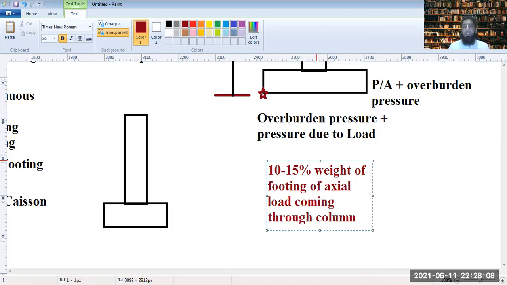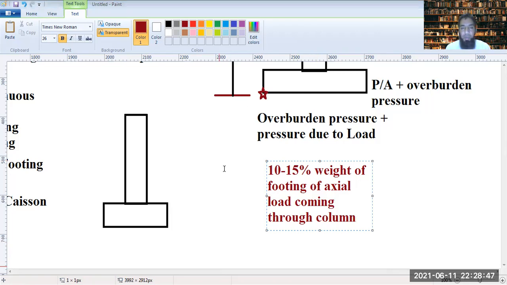So if the load P that's coming through the column onto the footing is around say 2000 kilonewton, you are taking 10%, 0.1 of 2000, up till 0.15, somewhere in this range, to know the weight or the load coming of the footing. So there is an addition of 2000 kilonewton plus 0.1 of 2000. So the load, the weight of the footing that we are considering, is actually increasing.